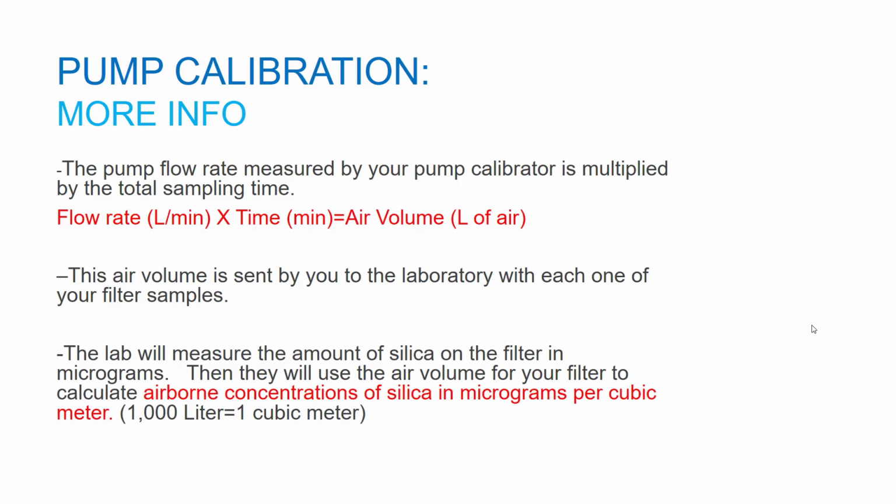The lab uses analytical instrumentation to measure silica on the filter in micrograms. Then they use the air volume that you supplied in liters to convert this to cubic meters, and report back to you an airborne concentration of silica in micrograms per cubic meter of air.